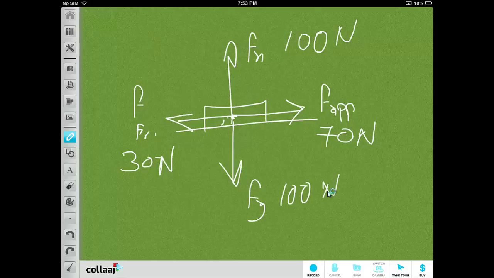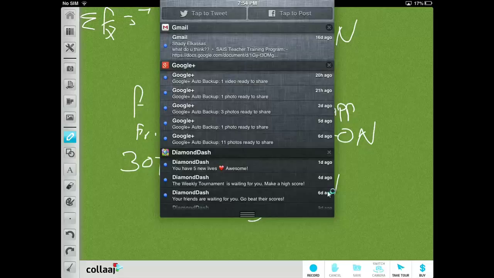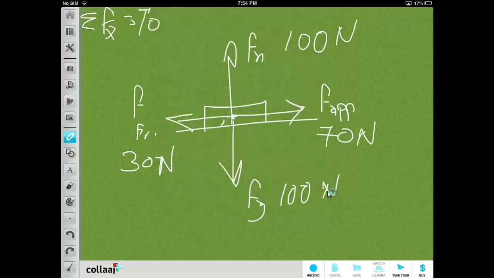As you can see, the object here has 4 forces in 2 axes. You have right and left forces, and you have up and down forces. So you can directly go to the sum of forces. Sum of Fx is equal to right minus left, or 70 minus 30.